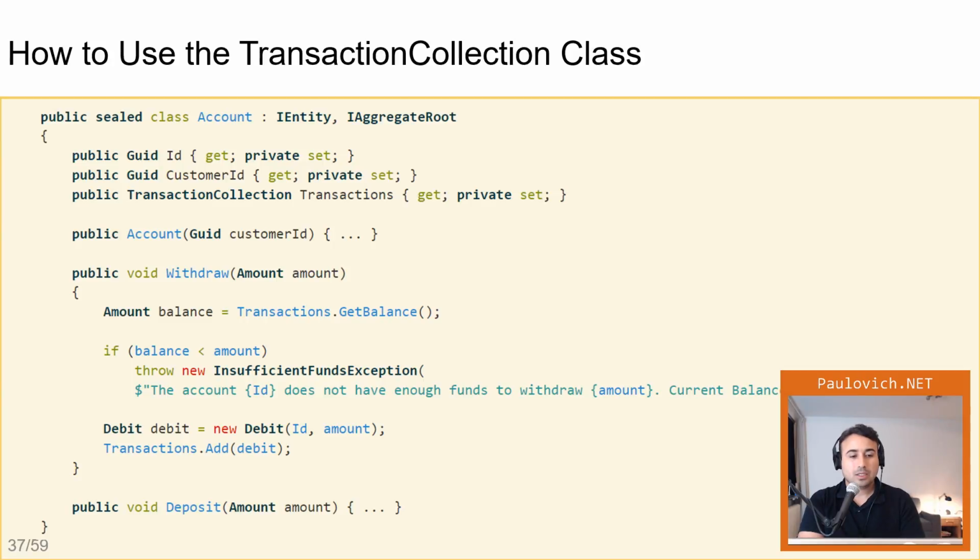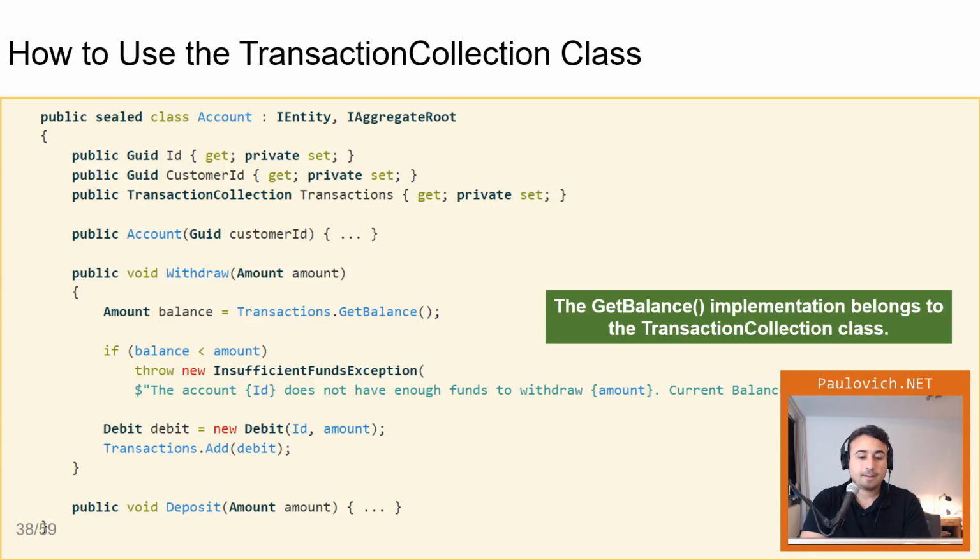So I don't need to know how to get the balance, like iterating over the credits, iterating over the debits, and summing both. I just need to call transactions.getBalance, which is a simple property. Well, by using this approach, you are enriching your domain with this First Class Collection. I like it. So the get balance operation belongs to this transaction collection class.